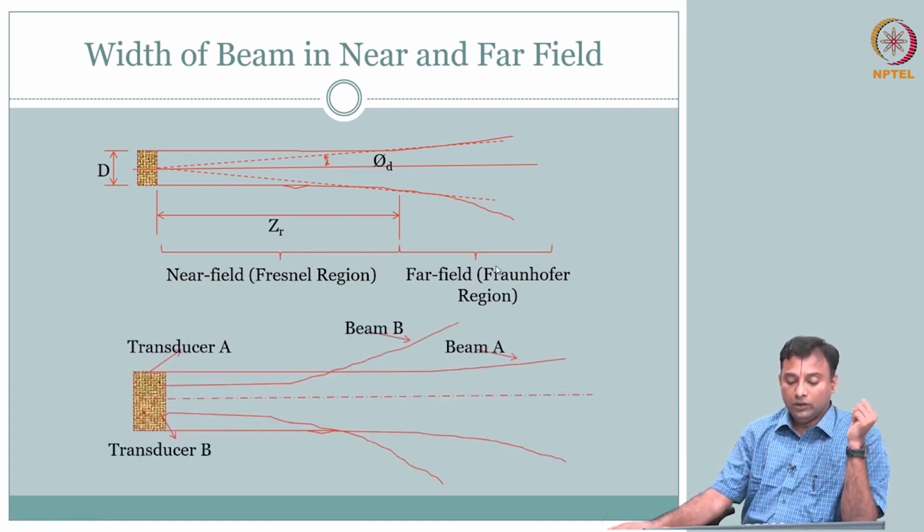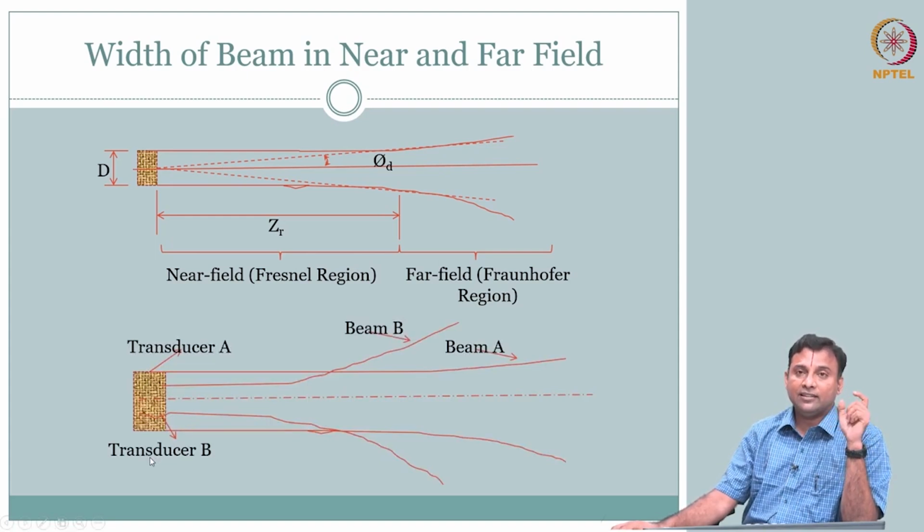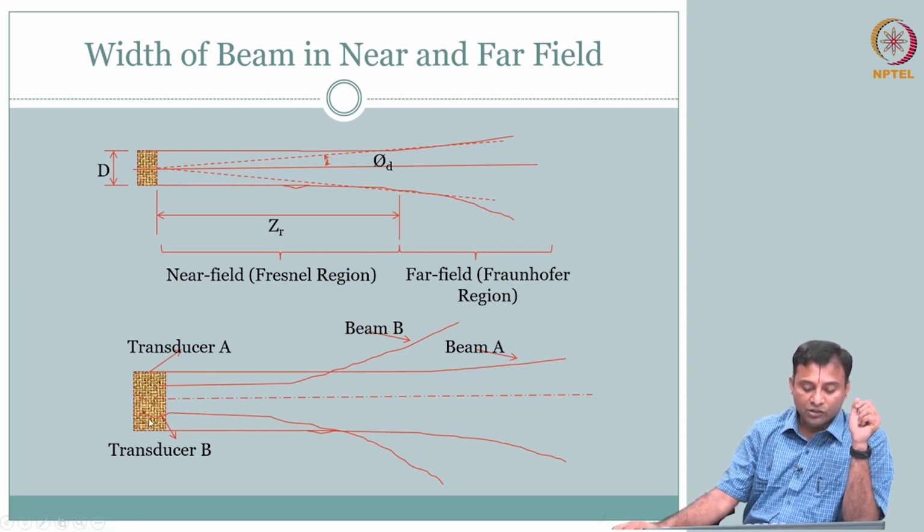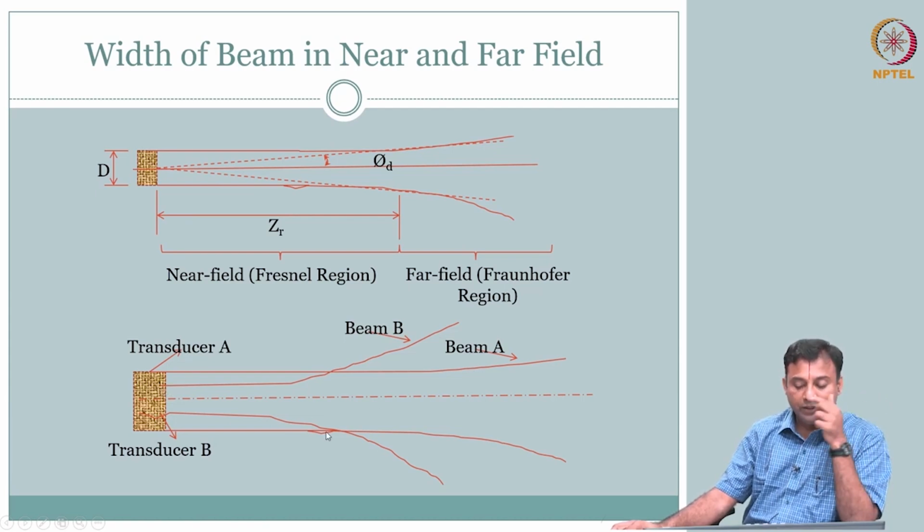Now, if you have another transducer, transducer A and transducer B, and transducer A is much larger, the divergence is less, that is what we saw so far. With a smaller transducer diameter, it starts to diverge, so divergence is more.